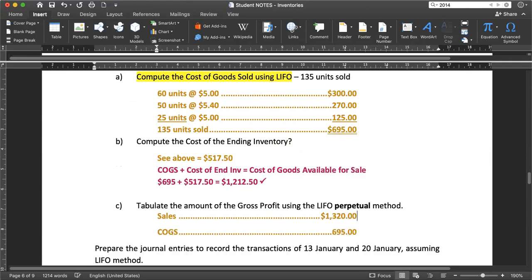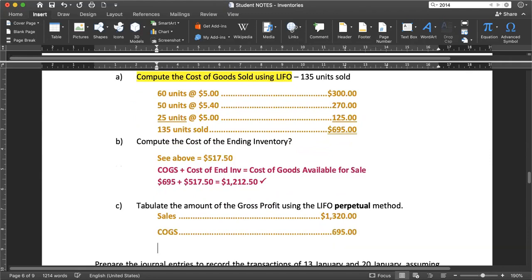So therefore the gross profit is going to be the difference between these two, and that is $625.